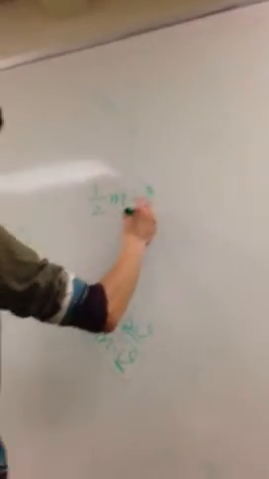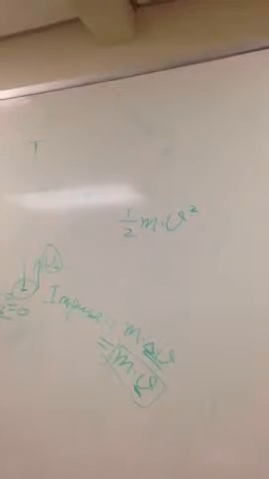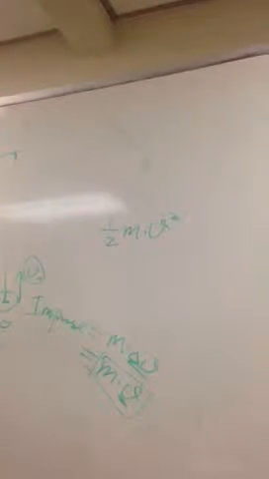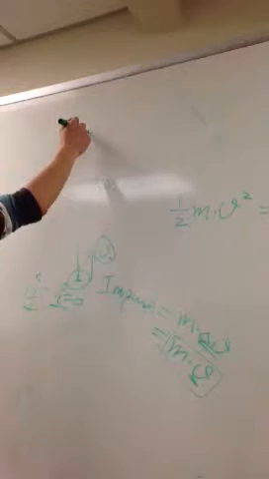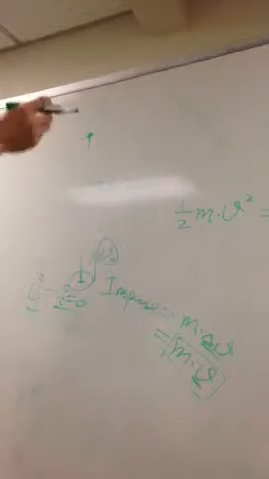The fastest way is using the conservation of energy. At the beginning, it will be one half m V squared, right? That's all the energy it has. It will be equal to the potential energy here, but here the velocity is 0 because it has reached the maximum.